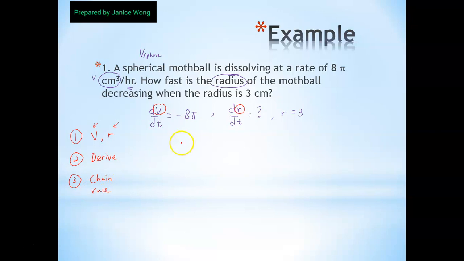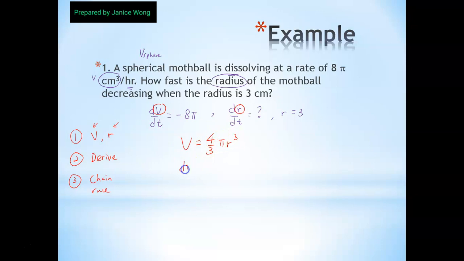So let's start now. First, form a formula in terms of V and R, volume and radius. Volume is the volume of the sphere. We know that volume of the sphere is 4 over 3 pi r cubed. Check in terms of two variables, V and R; 4 over 3 pi are just constants.